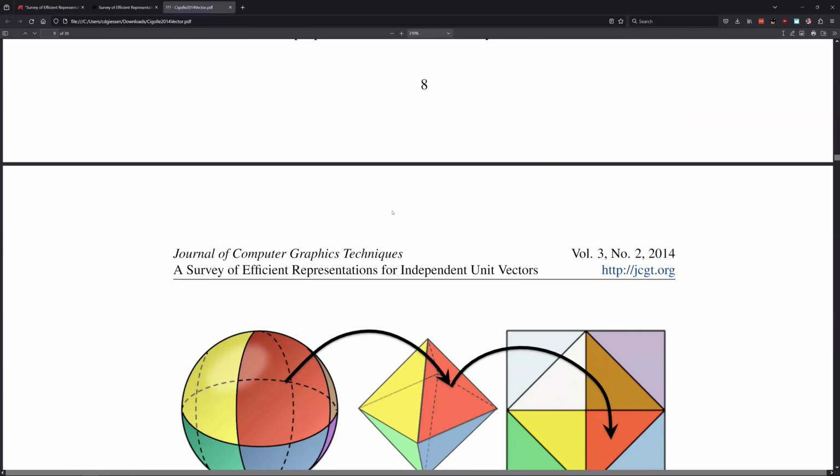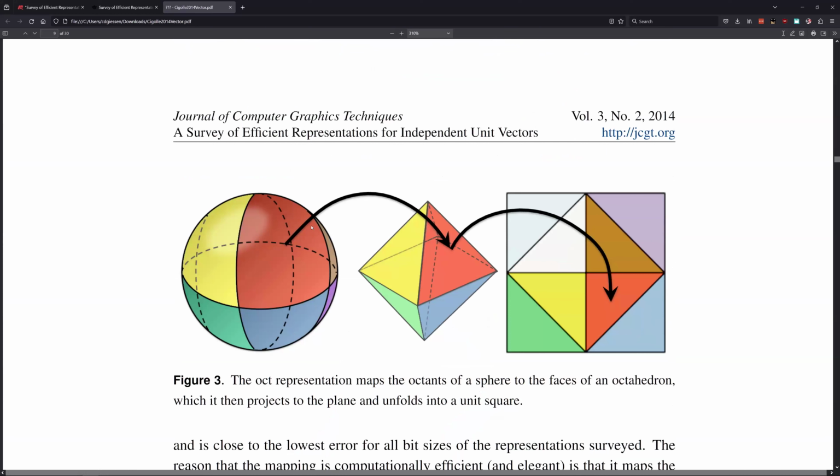Oh yeah, where you divide the sphere into 8 quadrants. No, that's not how quadrants work. There's only 4 if there's quadrants. I guess you map the octants.